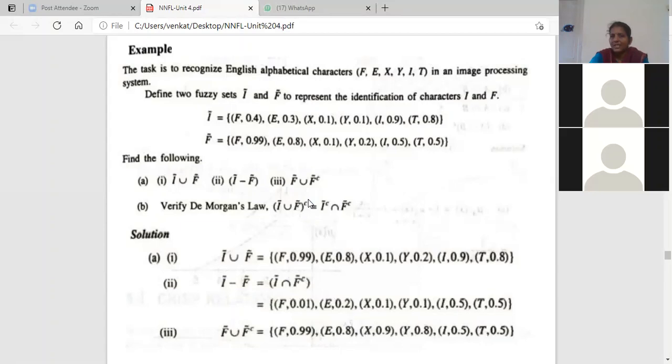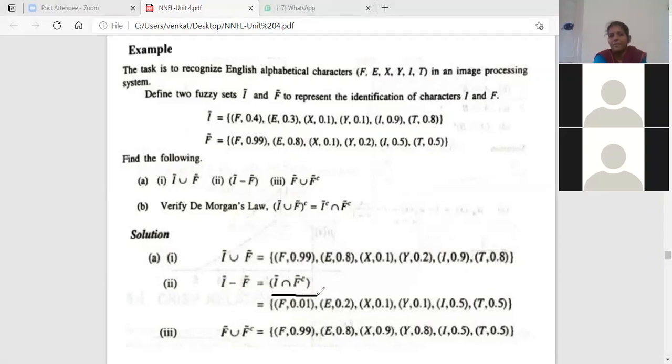So first thing, you need to calculate I union F. Okay, union means you need to find out maximum of the two membership functions. Next, I minus F means I intersection F complement.